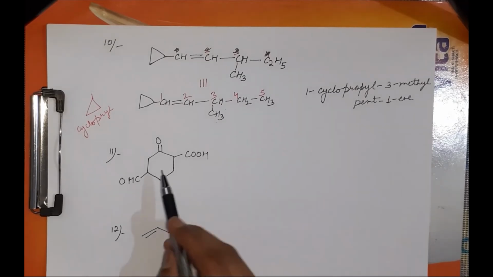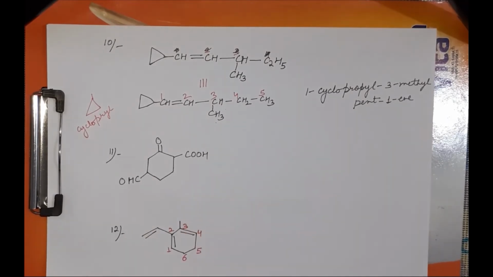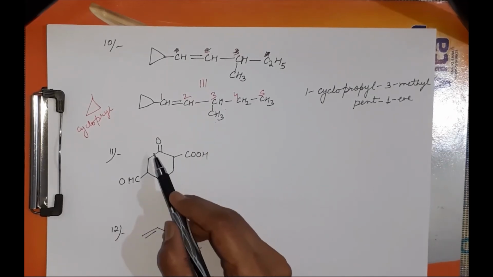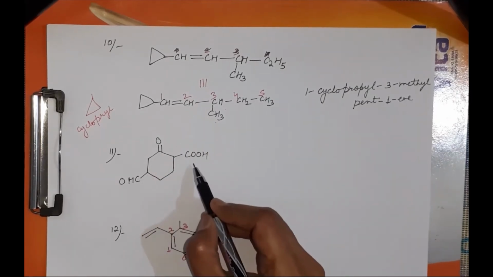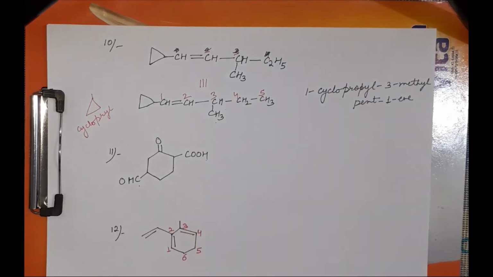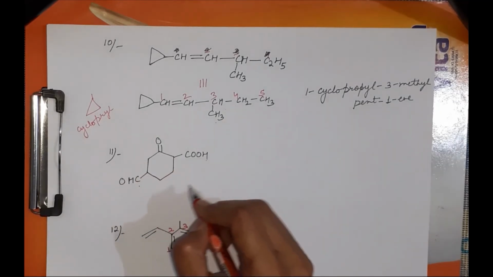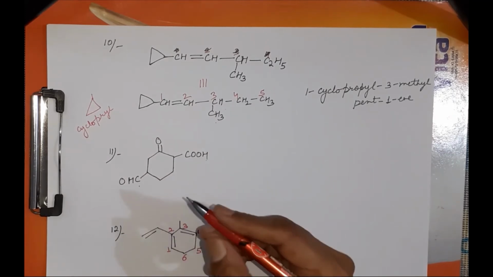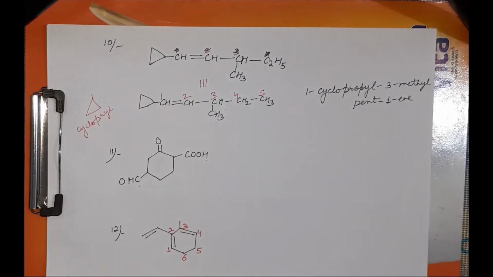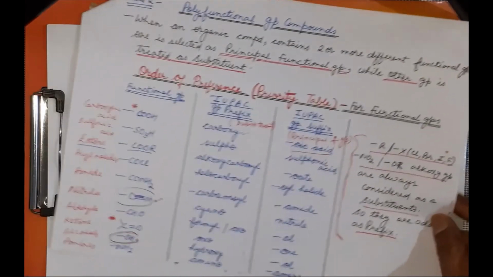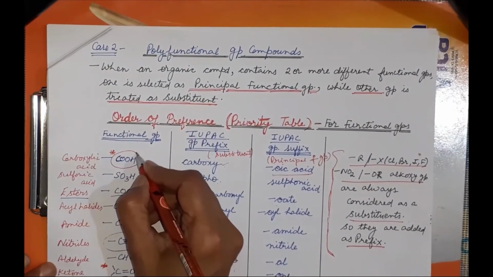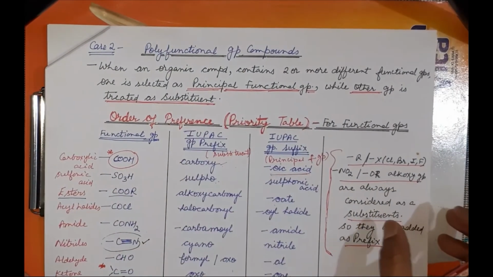So now the next example is the cyclic organic compound. In this, 1 ketonic group is there, 1 carboxylic acid group, and 1 aldehydic group. Among all these groups, first let us decide which will be the principal functional group. According to the priority table, this COOH group comes on the top of the priority table.